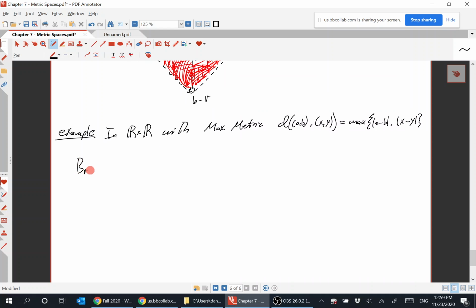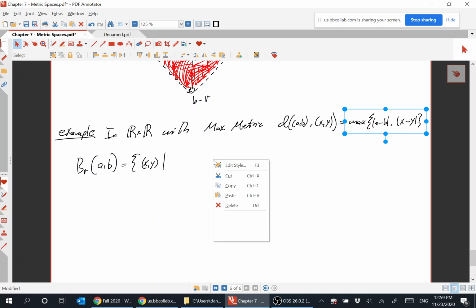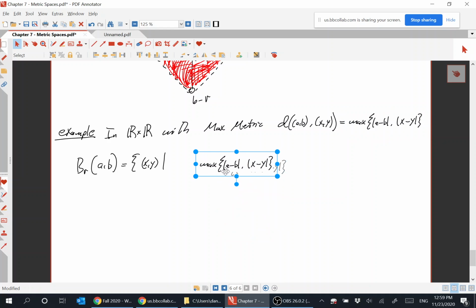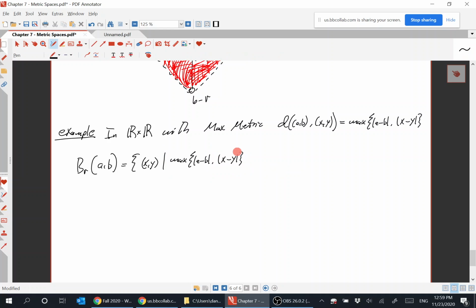So the ball of radius r around AB is equal to the set of all x, y such that the max of the difference in the x coordinates or y coordinates is less than r.